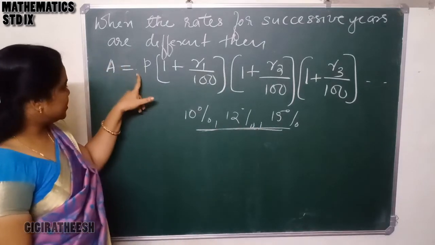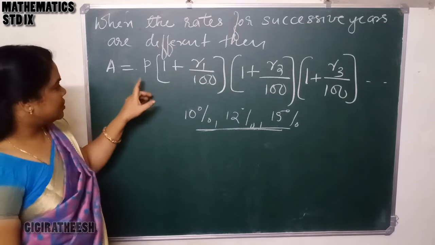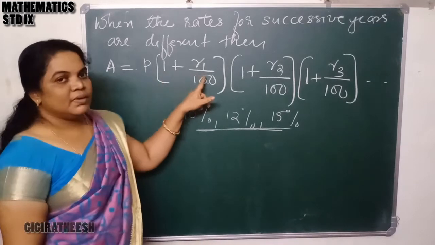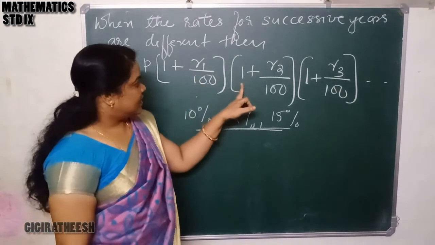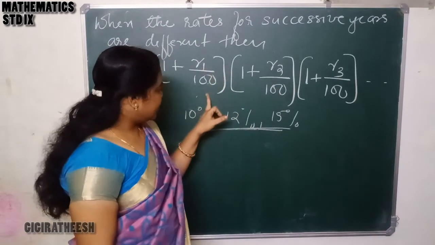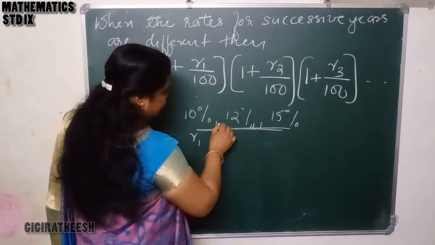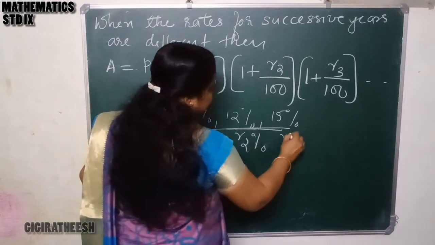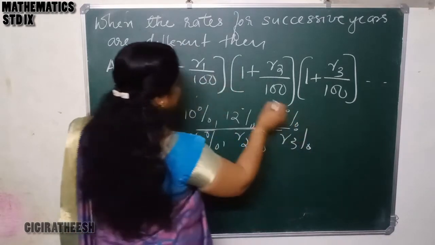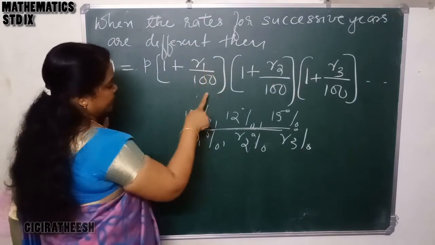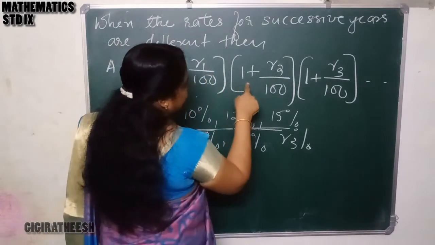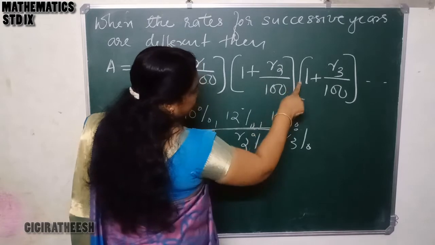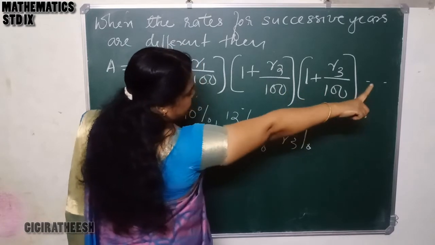Using this formula, A is equal to P into 1 plus R1 by 100 into 1 plus R2 by 100 into 1 plus R3 by 100, and so on, where R1, R2 and R3 are the percentage rates for the successive years.